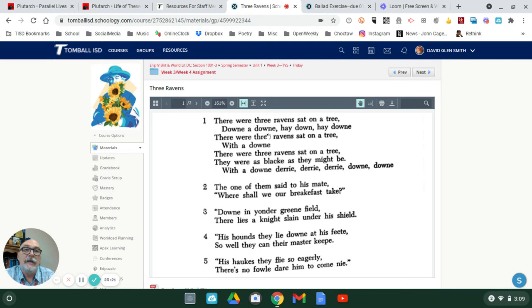So the down, a down, hey down would be repeated as the second line for all the stanzas. The last stanza, the last line, number 4, will be with a downy, deary, deary, deary, down, down, and it'll be your 4th line at the end of all these stanzas.